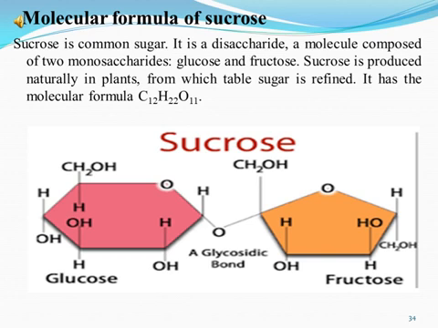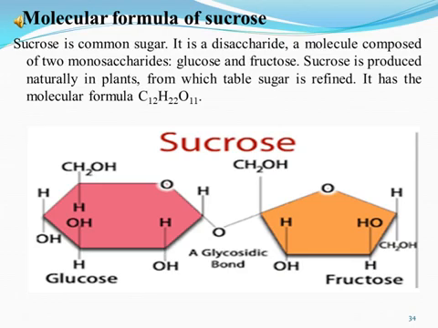As you can see in the structure of sucrose, it is a molecule composed of two monosaccharides, namely glucose and fructose. This non-reducing disaccharide has the chemical formula C12H22O11.